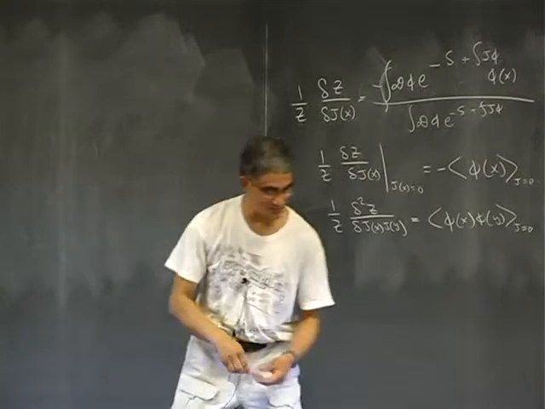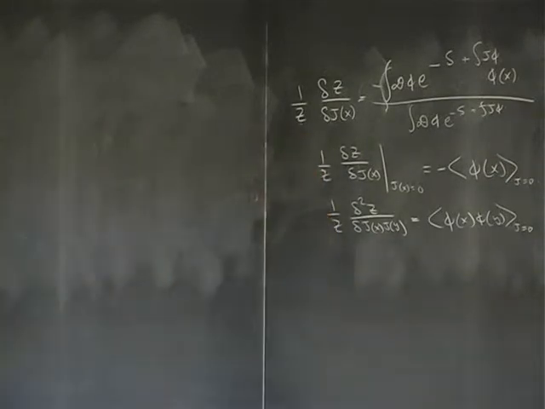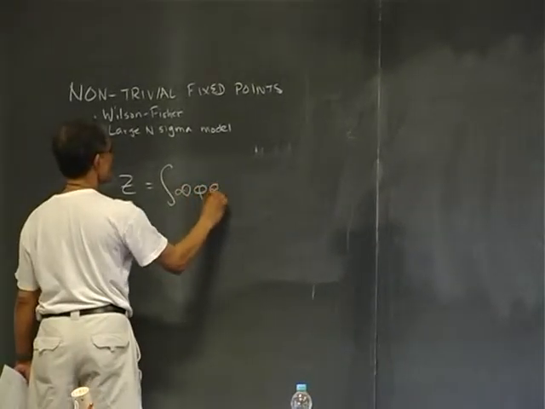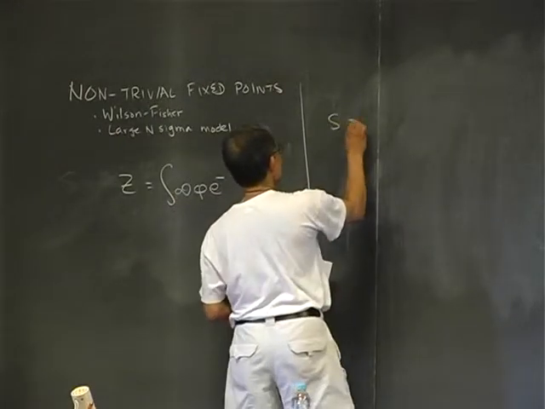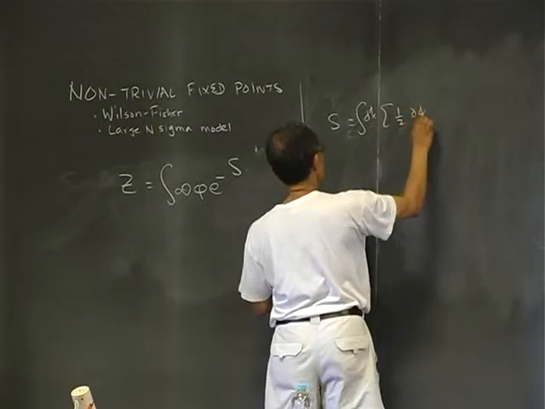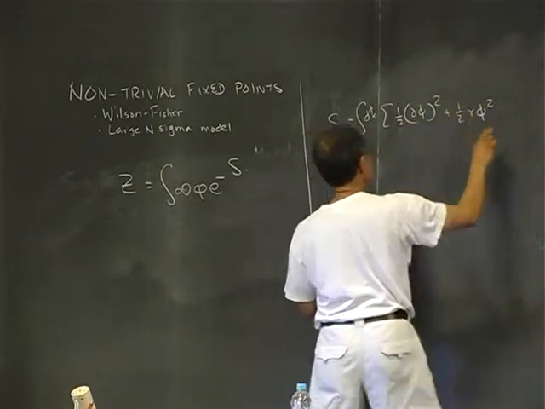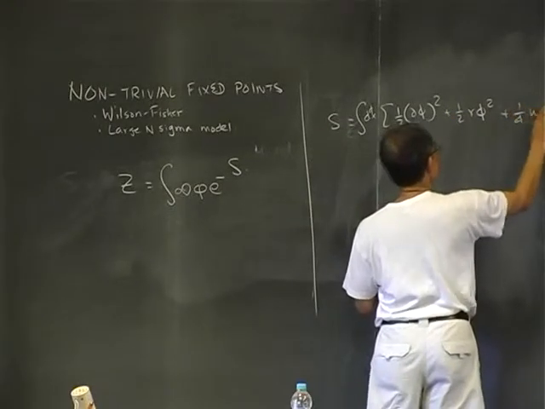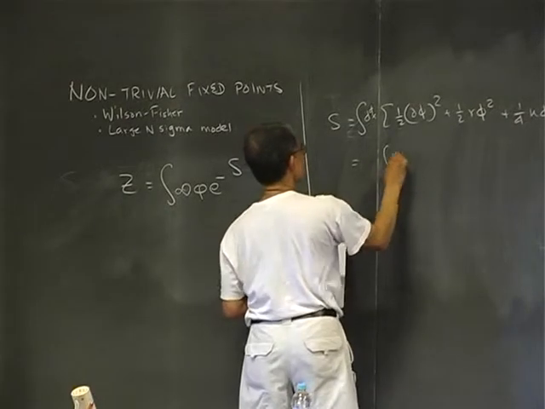So this is what I'll do. I'll calculate z, which is e to the minus s, and s in position space, in momentum space.